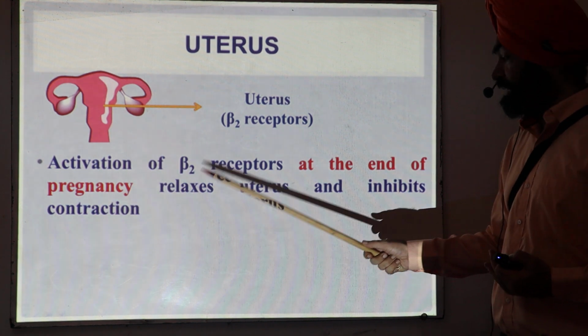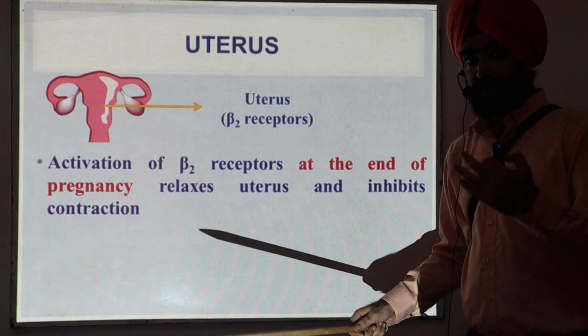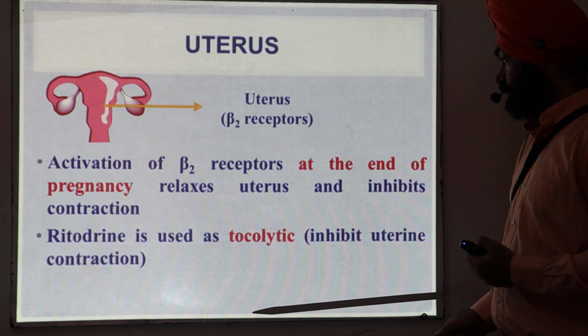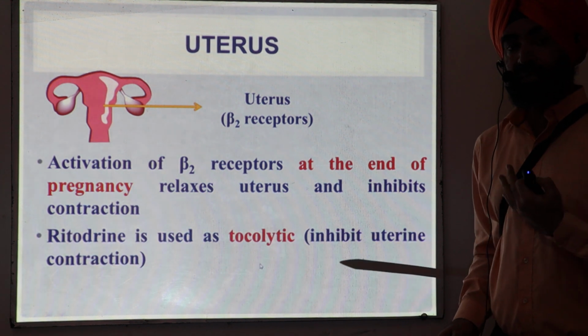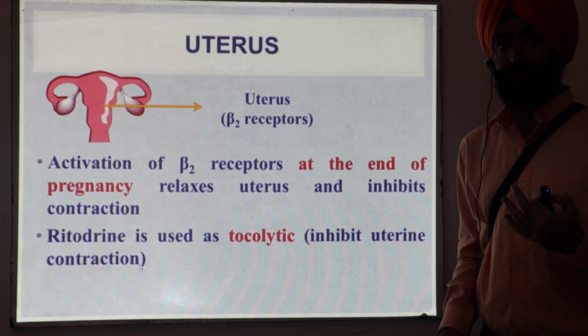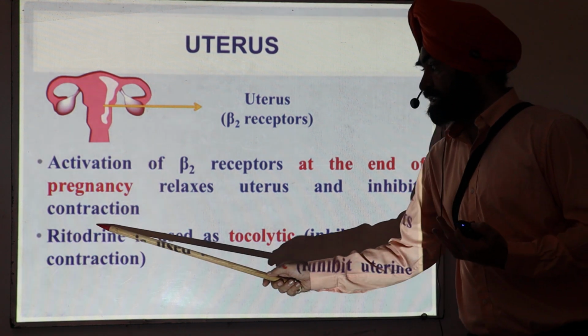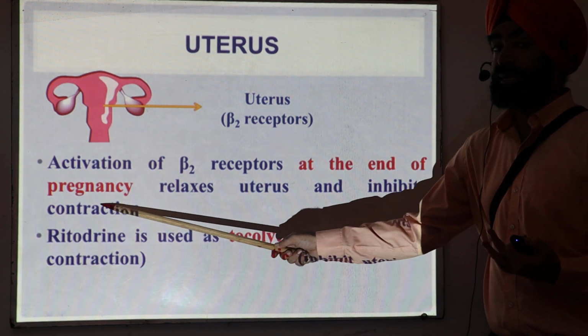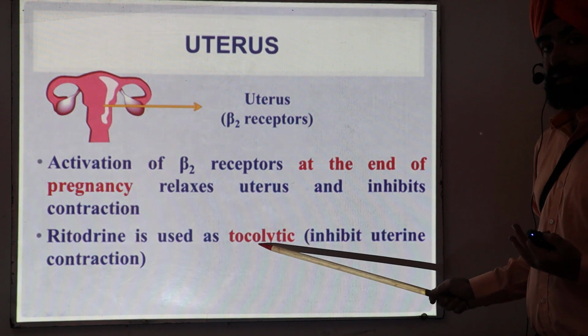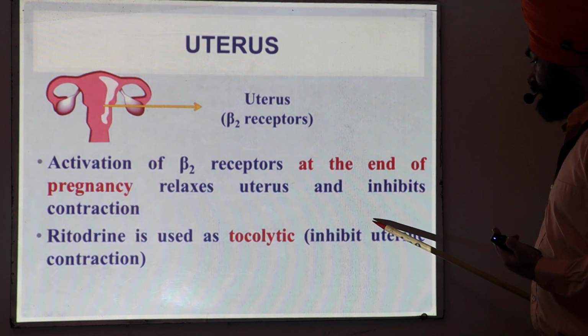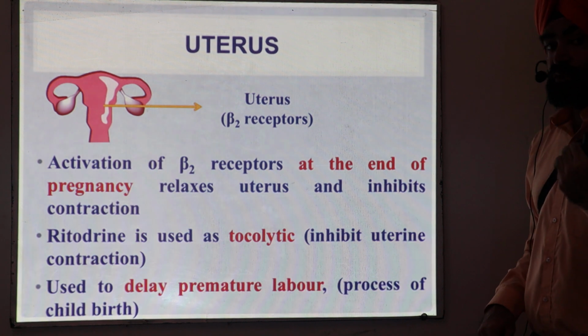As a result, the contraction will be inhibited. If you inhibit the contraction, labor will not take place. So we can use this beta agonist, ritodrine, as a tocolytic. What is a tocolytic? Which inhibits uterine contraction. So what is the use actually?